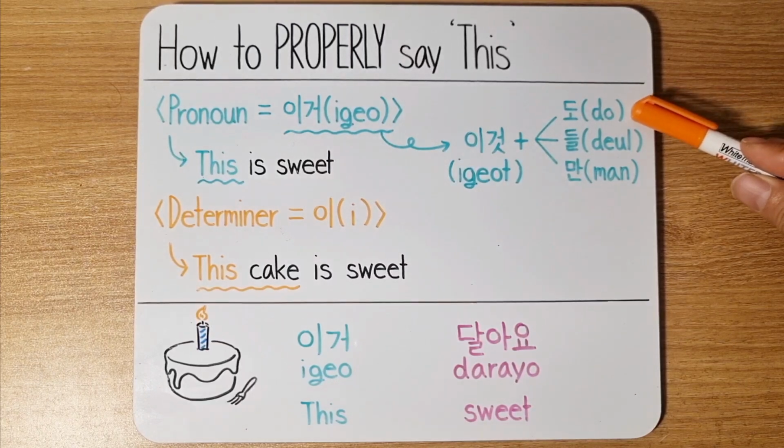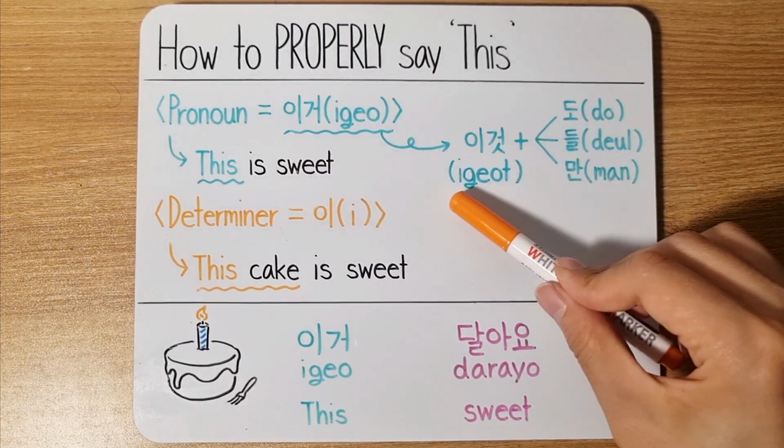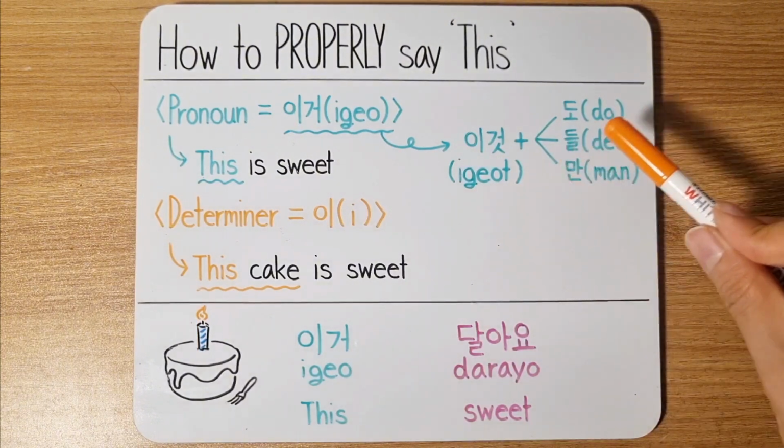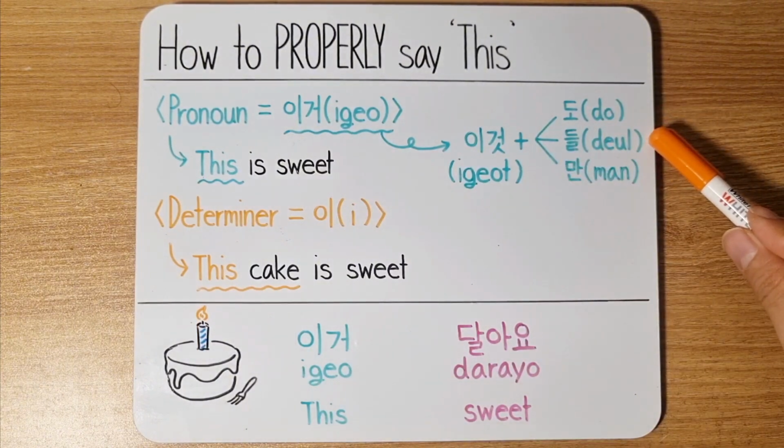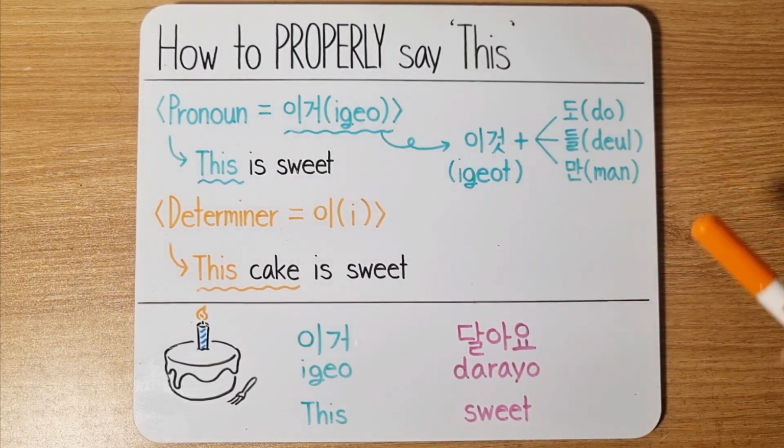Also, you can use 이것 when you want to attach 들 and say 이것들. 들 would be a plural. The equivalent of it in English would be s, something that is attached behind a noun to indicate that the number of that noun is more than one.